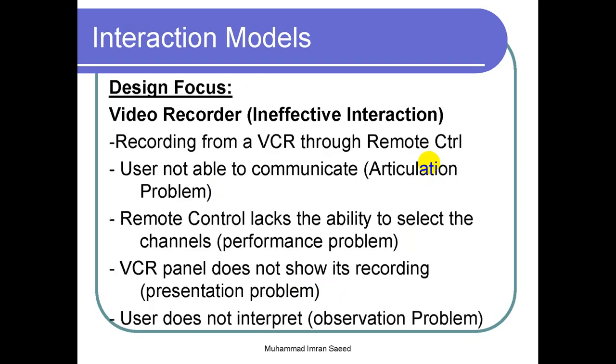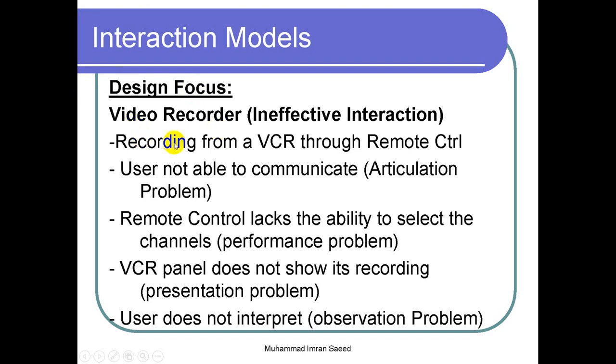Now it tells us about an ineffective interaction in which there can be some problem. So design focus is in your book, and this book gives you so many design focuses in which you can learn from real life examples. Here it is giving us an example of a video recorder.